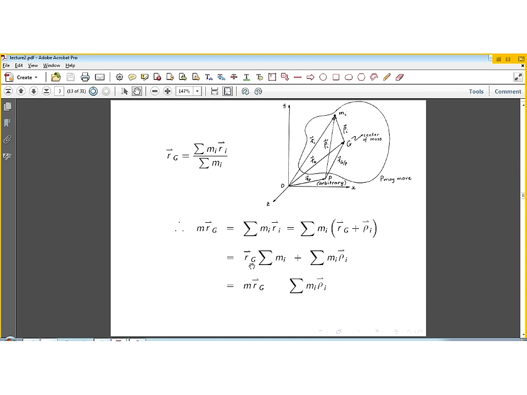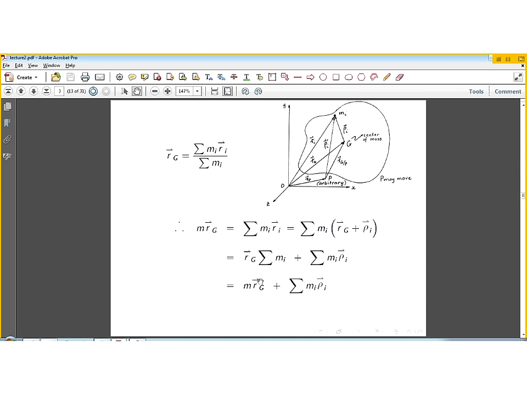So I can say that I've shown now that m times r sub g, the mass of the system times the position of the center of mass, is equal to the mass of the system times the position of the center of mass plus the sum of the masses of all the individual particles multiplied by their respective position vectors relative to the center of mass, the sum of m sub i rho sub i.